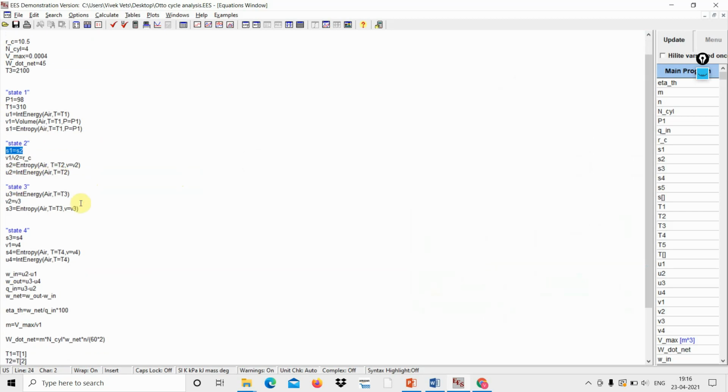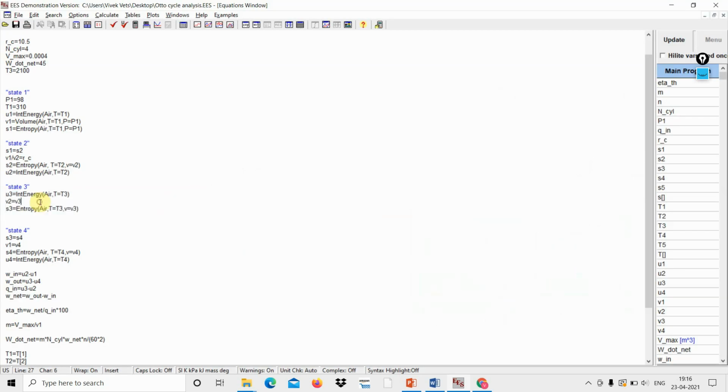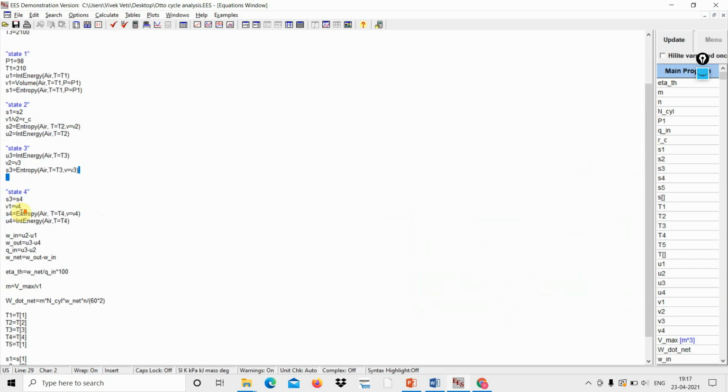Now moving forward to stage 3. Here you may see the volumes V3 and V2 will be the same. So V2 equals V3. We need U3 at T3, and S3 at V3 and T3.